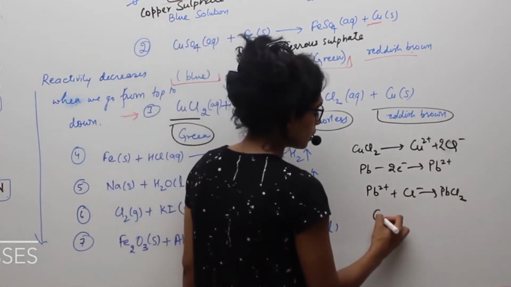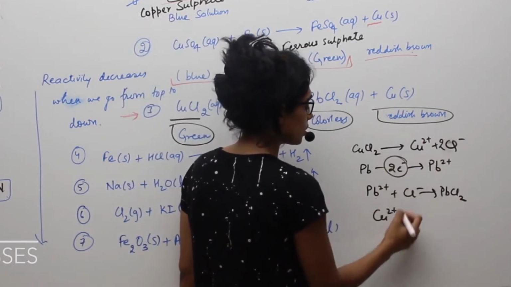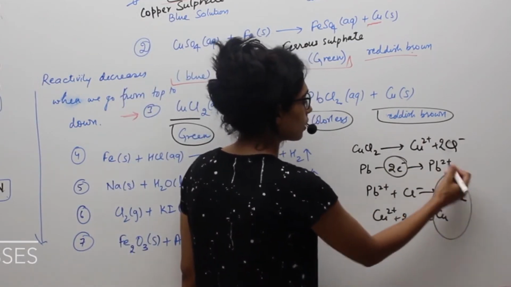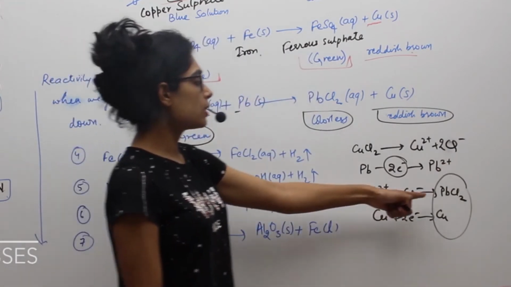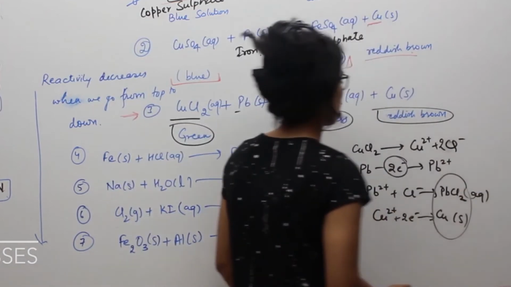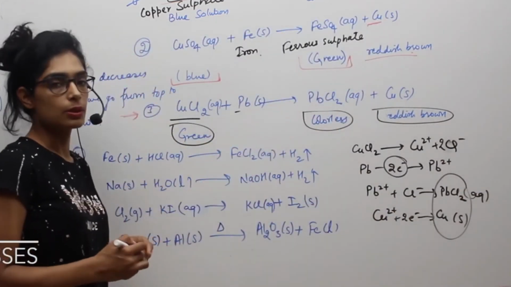Then Cu2+ will gain these 2 electrons and form copper. So this is what our products are. This is in the aqueous form, this is in the solid form. This is aqueous, this is solid, and the color change is also quite visible.